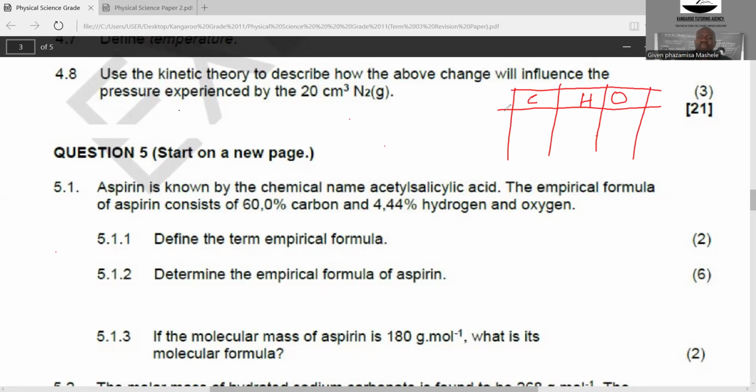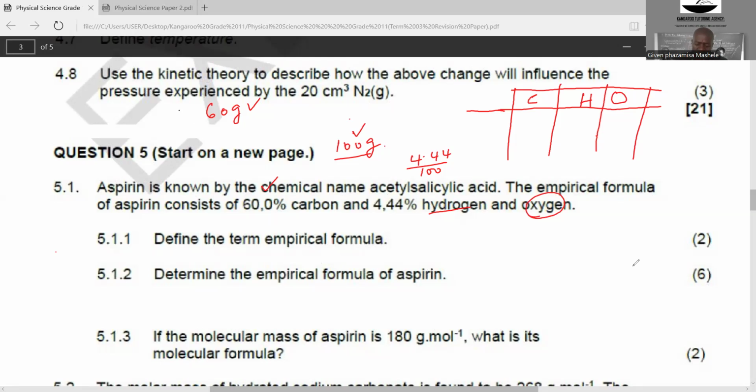Within this, we are given the percentage of each element. So with that percentage, we assume that 60% is 60 grams of carbon from a total of 100 grams. Hydrogen will be 4.44 from a total of 100, which means from that we can get the percentage of oxygen.